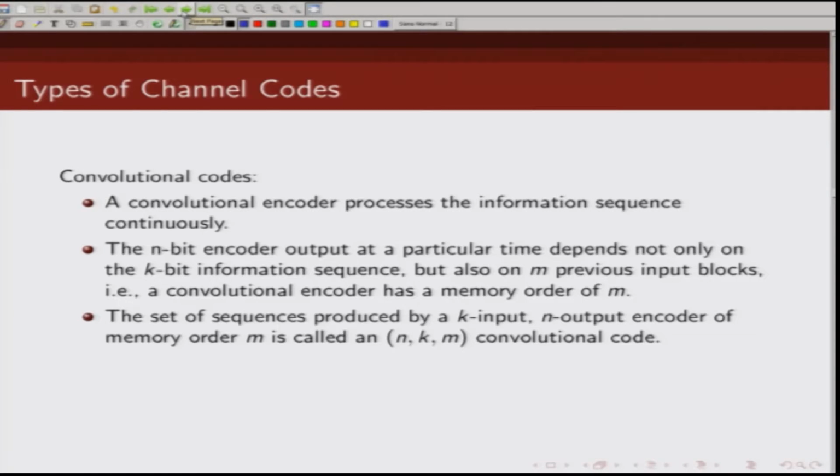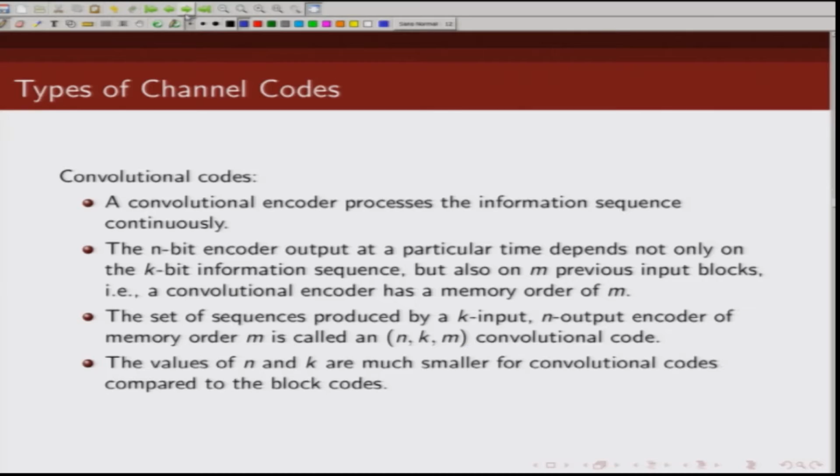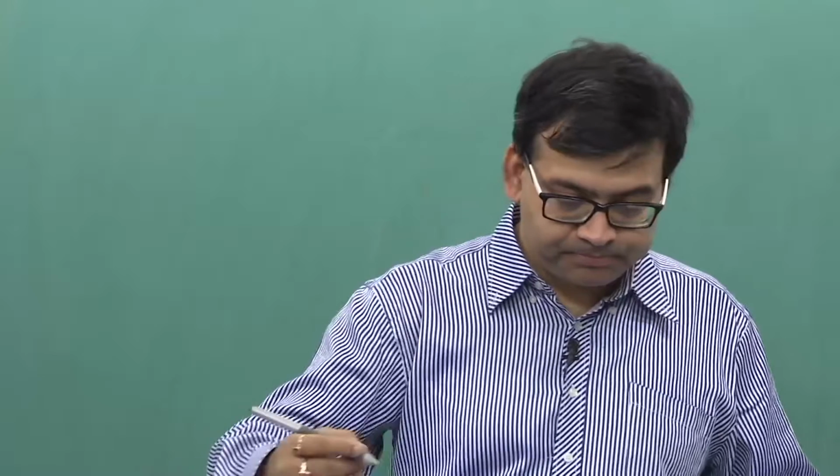So, we define a convolutional code not only by these parameters n and k, but another parameter which basically denotes the memory of the encoder. Another subtle difference, in case of convolutional codes, typically the values of k and n are much smaller compared to values of k and n for block codes.